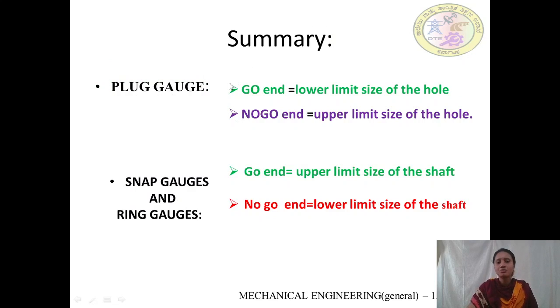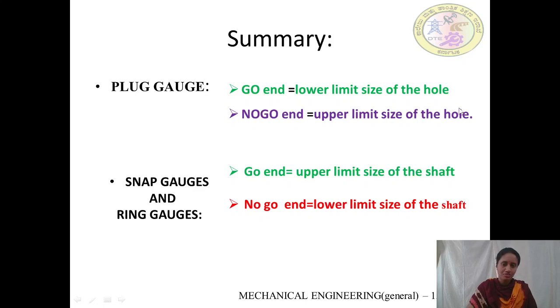The main difference between plug gauge and snap gauge and ring gauges. See, when we consider the plug gauge, the go end is equal to the lower limit size of the holes. The main difference is the plug gauge is used to check the dimensions of the holes, and the snap and ring gauges are used to check the limit dimensions of the shaft.